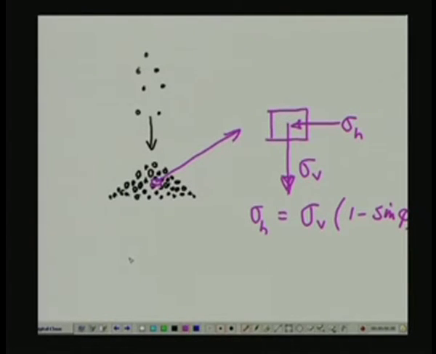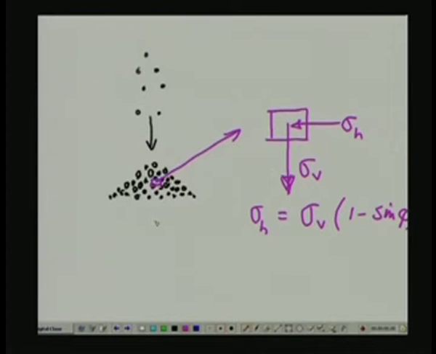Now, what is also important to notice at this stage is that here the main effect that the intergranular contact is trying to resist is the weight, or the action of gravity. So, in such a depositional environment, more grain contacts develop in the vertical direction than in the horizontal direction.